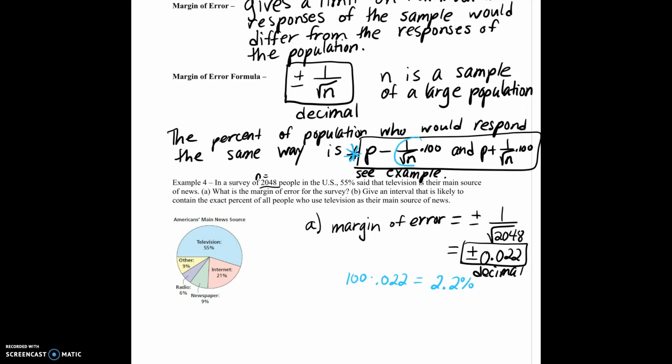And that's really what I'm doing for that value here, is I'm getting my percent value, so that when I go on to do part B, we're going to take the 55% that's given. That's the percent that we found in the study, and then we're going to add and subtract that off that margin of error. So I'm going to subtract 2.2% and get the lower range of that value, add 2.2% to get the higher range of that value, or higher value of the range.